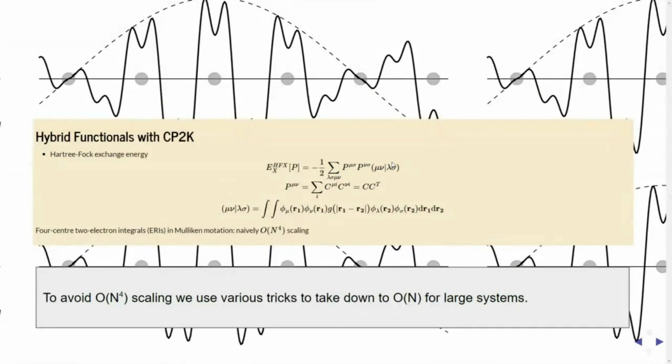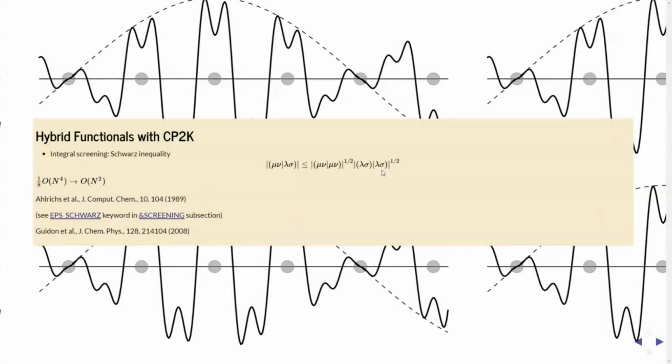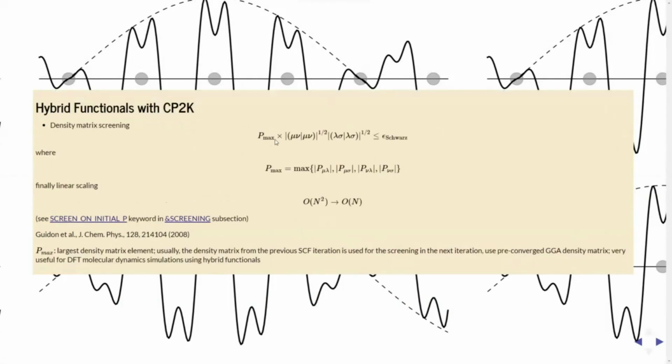It's not just these integrals, but it depends on how much density there is from these basis functions, how much they're actually contributing to the density of the system. So if the density from those combinations is really small, then you can also neglect some stuff. And if you do that, you can show that the scaling for large systems will come down to order n rather than n to the 4.